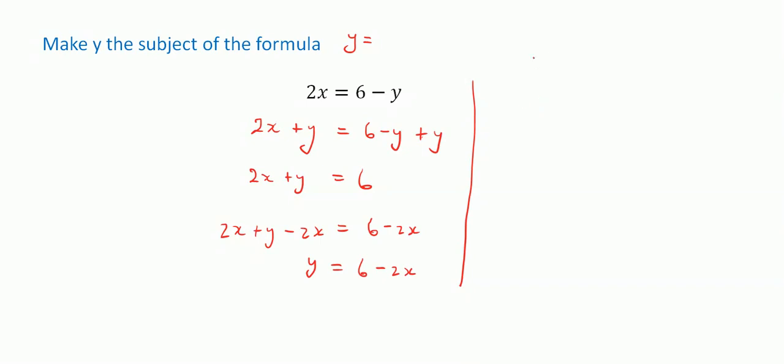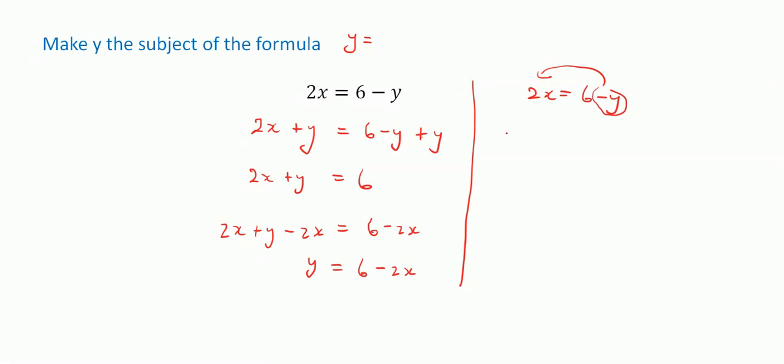and let me show you the alternative way. We have 2x equals 6 minus y, and the easiest thing to do here is to take the minus y and move it to this side of the equation.